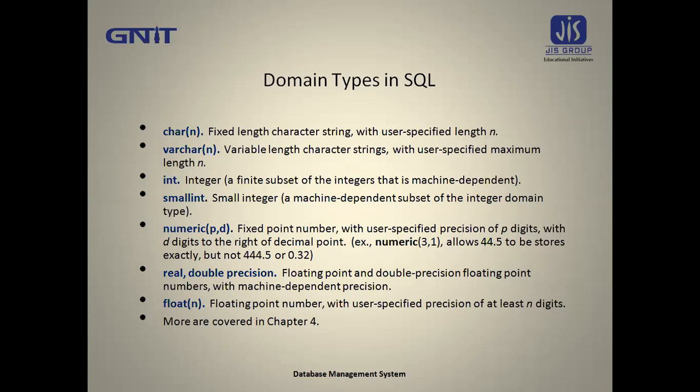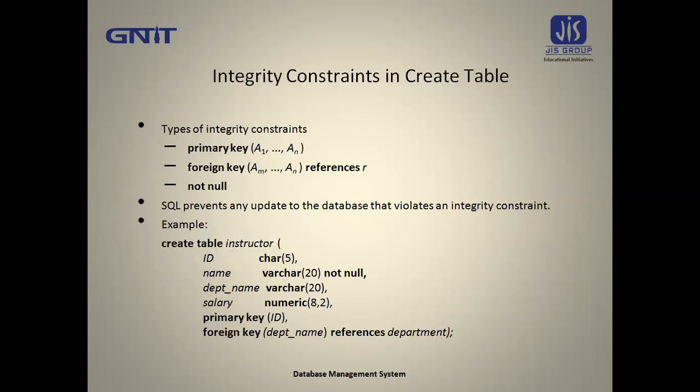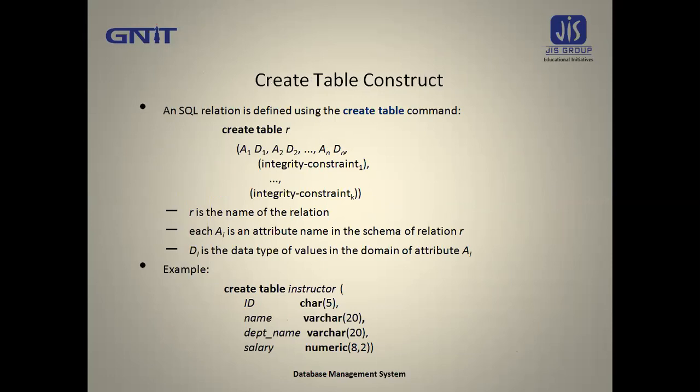So without wasting our time, we will move to our next slide, which is the first DDL, the create table construct. That is the beginning, because first you need to create a relation, and you need to learn how to create one. The command is create table.